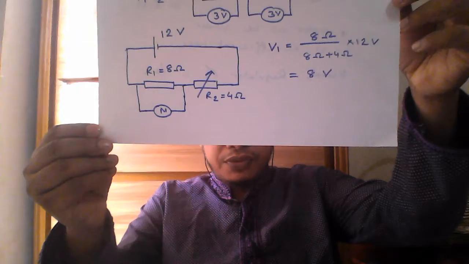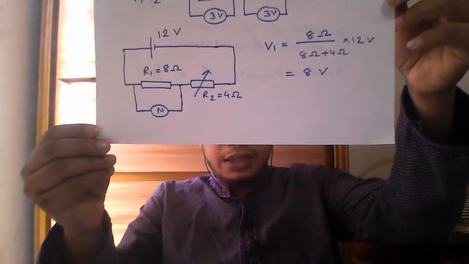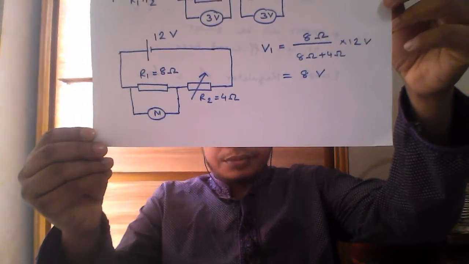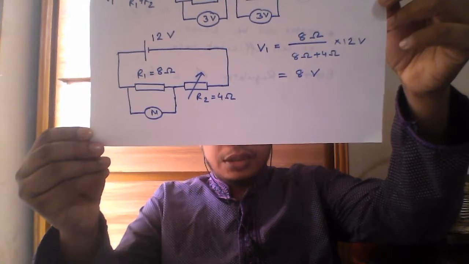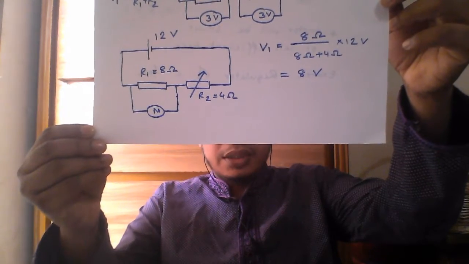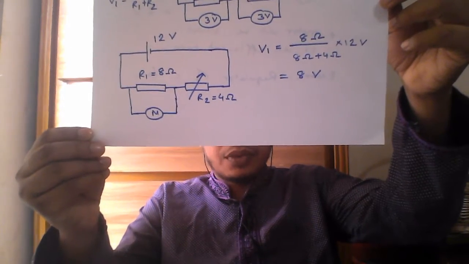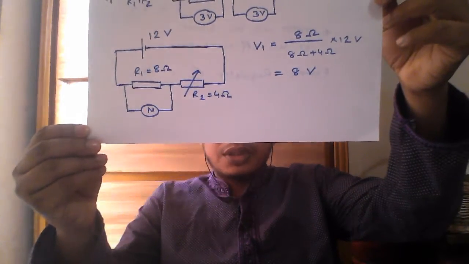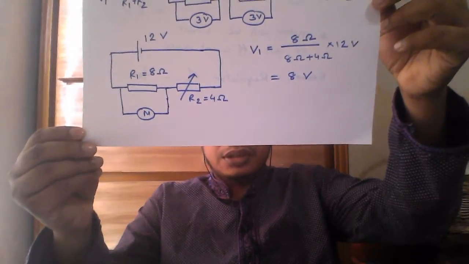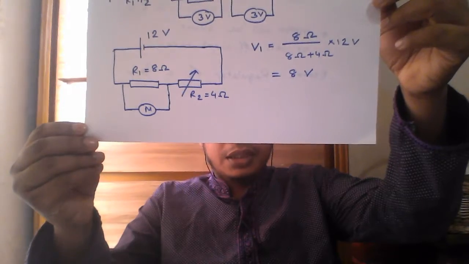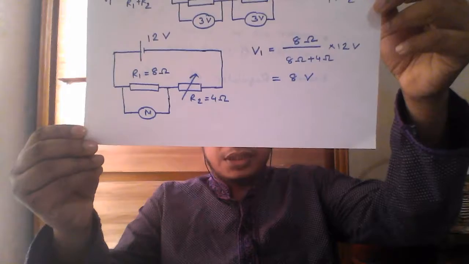Then we have one fixed resistor of resistance 8 ohm, and there is one motor connected across this resistor, so that this motor gets the same voltage as R1, because the motor is connected in parallel, and we know in a parallel combination all the components have the same voltage or same potential difference.